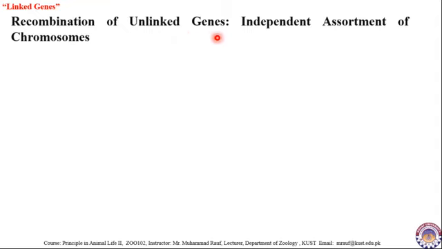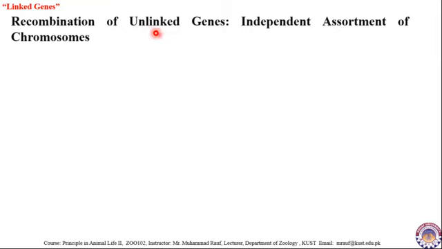Recombination of unlinked genes. Unlinked genes are those genes which are located far apart from each other, and there are chances of them being separated during a crossover event.